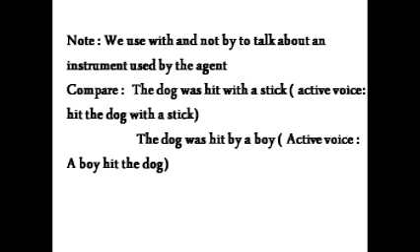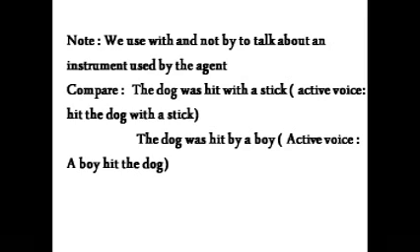So, when we talk about an instrument, we use the word with, okay, and not by. But when we talk about an agent doing something, agent here means a subject, okay, doing something, then we use by.